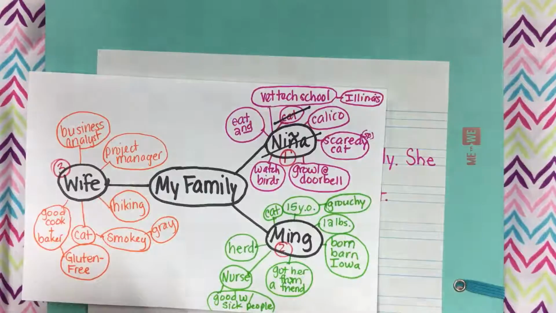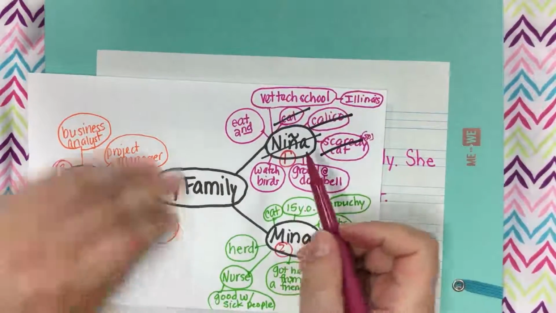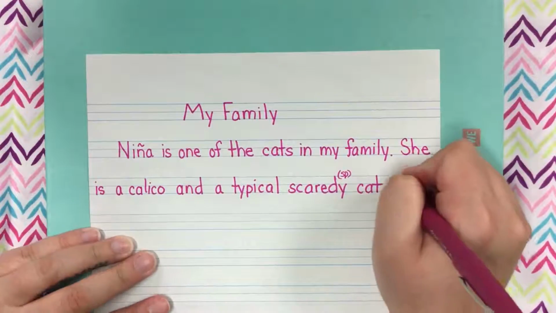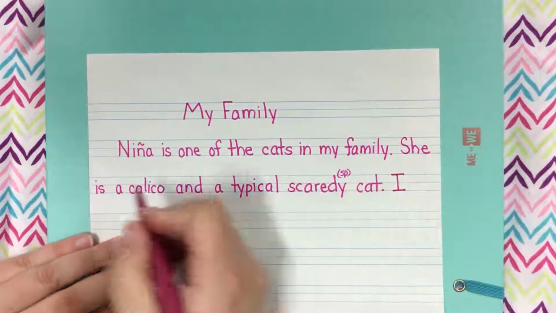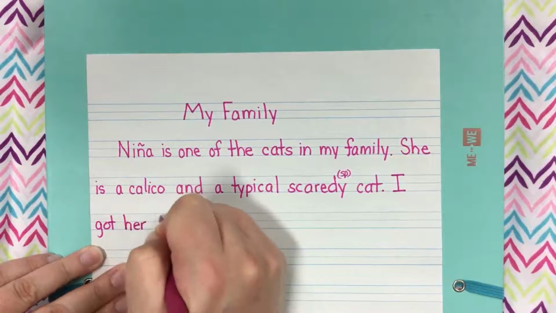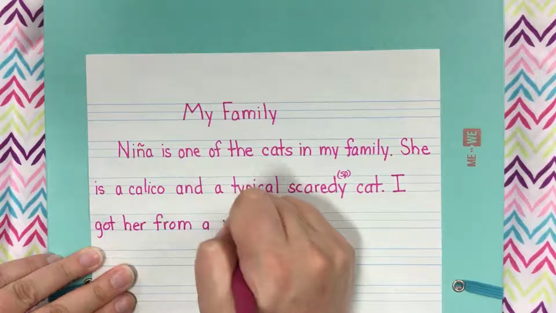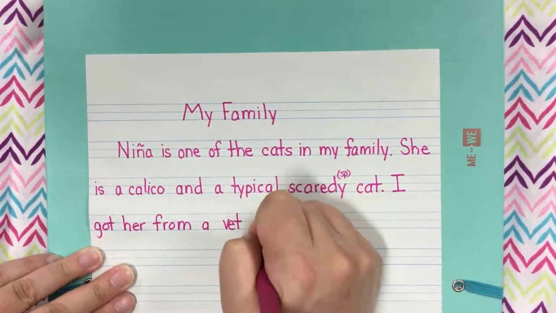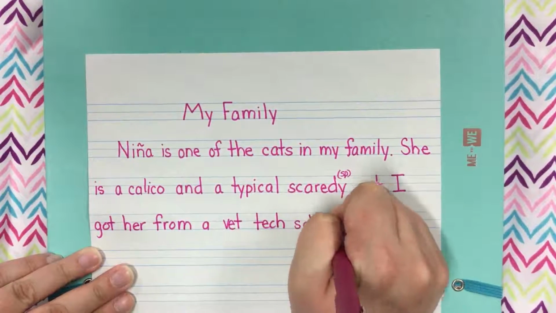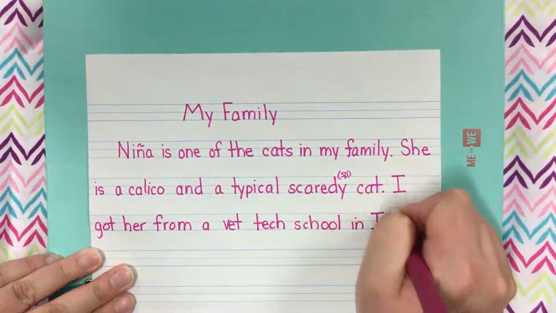Alright, so back here, we now used calico, we used scaredy cat, and now I'm going to talk about where I got her, at a vet tech school in Illinois. I got her from a vet tech school in Illinois.